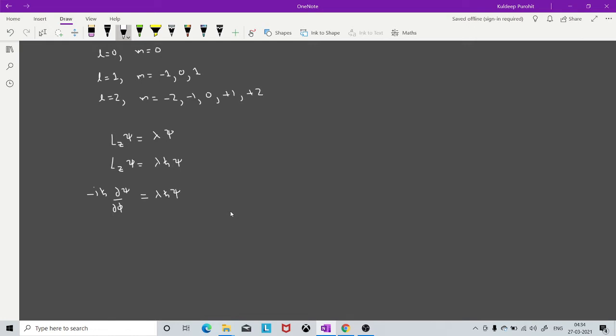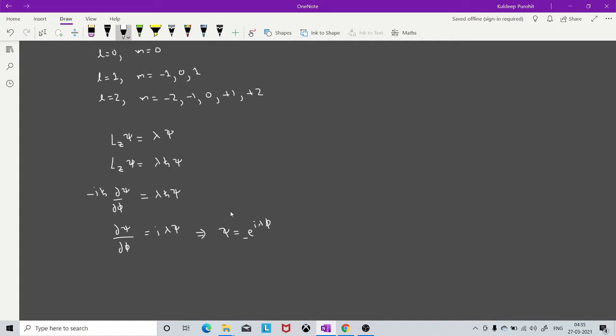So del psi by del phi is equal to i lambda psi, which implies psi will have a solution of the e to the power i lambda phi type. You can have some normalization constant which I will add later on.